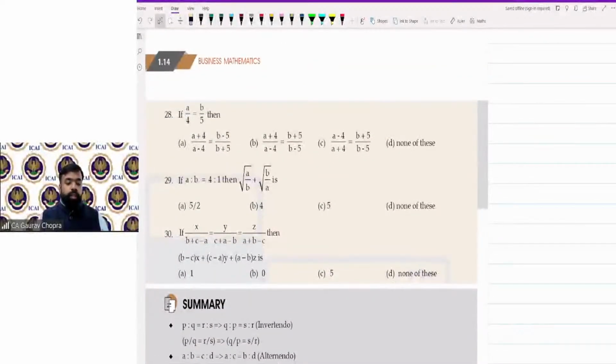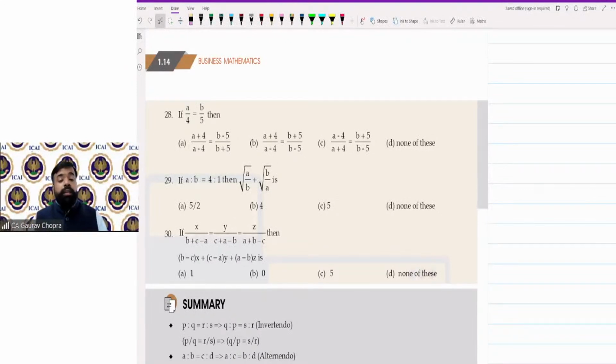Then the next one, 28. 28 says a by 4 is equal to b by 5. Then which of the following options is correct? So from the options, you have to get an idea which property we have to apply. So see the options carefully. You will get to know which property is applicable.